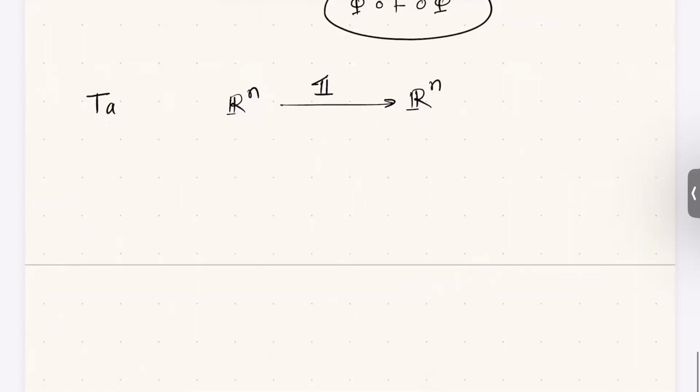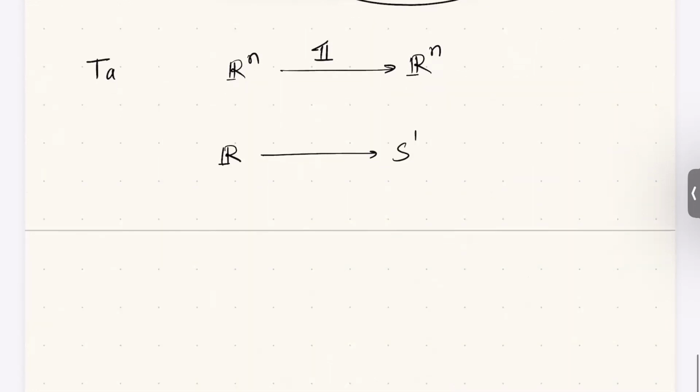But you can also consider R to S1 by f of t equals cosine of t and sine of t.